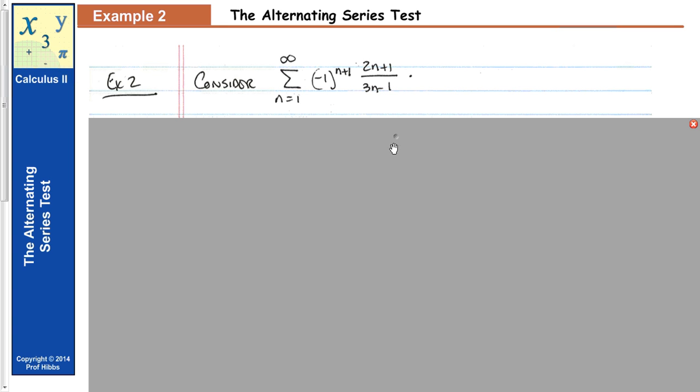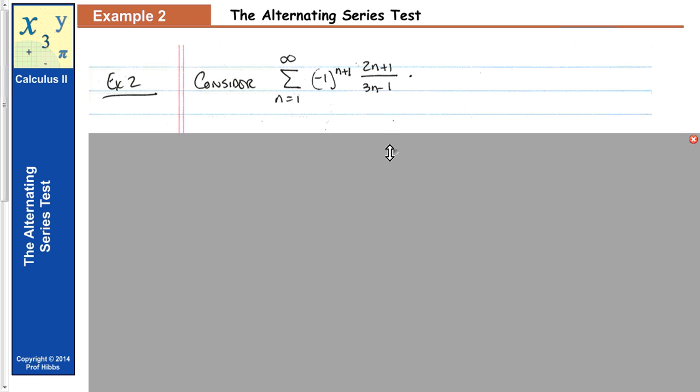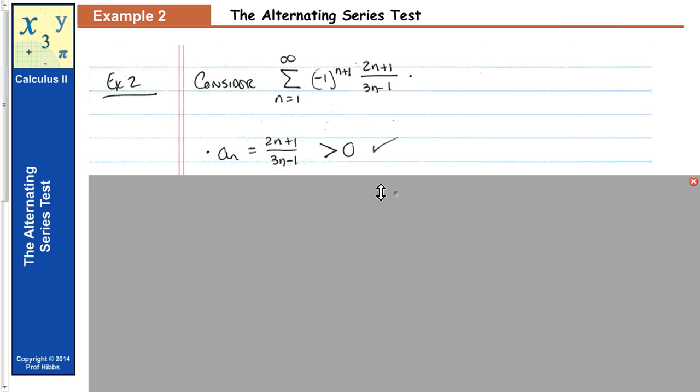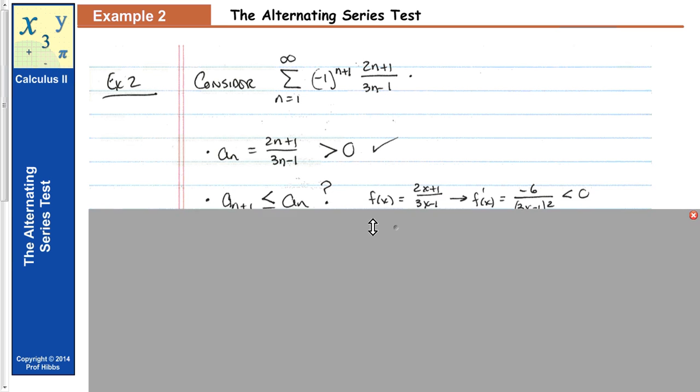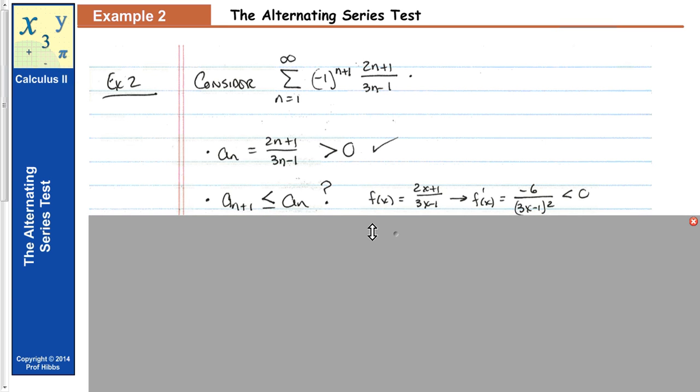Okay, so what we have to do to apply the alternating series test is to make sure the term a sub n plus 1 is always smaller than a sub n. That is, the terms are getting smaller. And so that's where we start. I already mentioned that the a sub n's are greater than 0. But now here is the tough question: are the a sub n plus 1's less than or equal to the a sub n's?